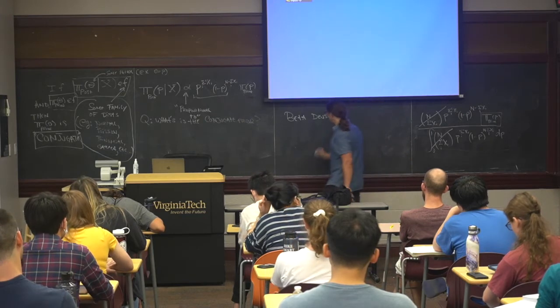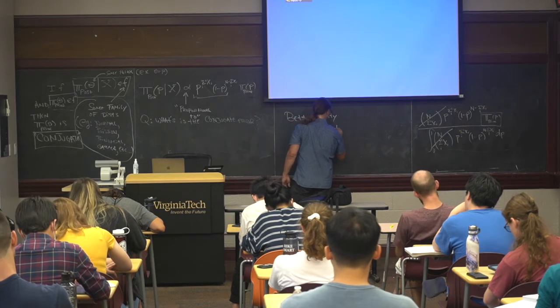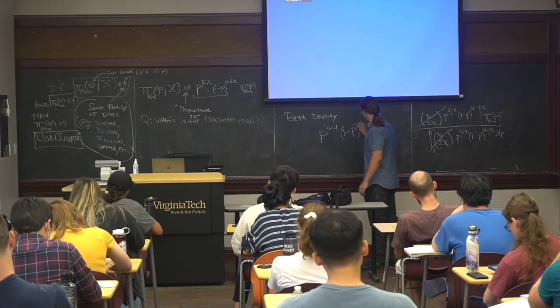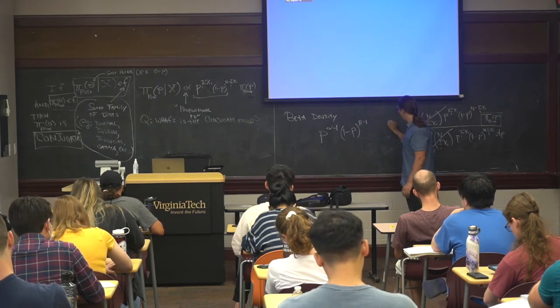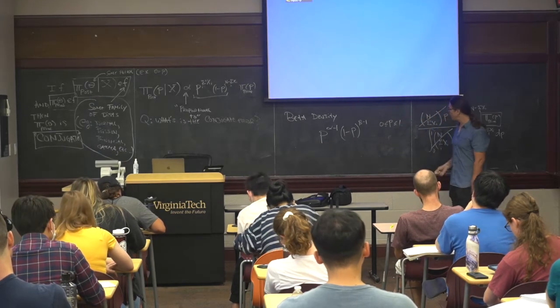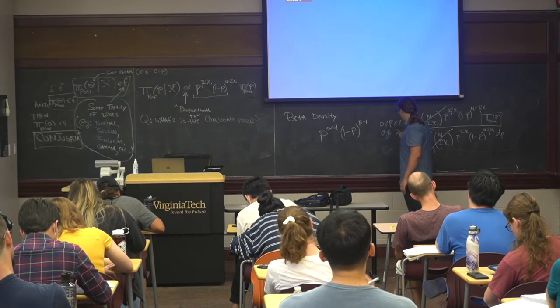Okay, a beta density looks like this: p to the alpha minus 1, 1 minus p to the beta minus 1. And there are some restrictions. Of course, p measures the same thing we had before, and lives between 0 and 1. Alpha and beta are both positive parameters.